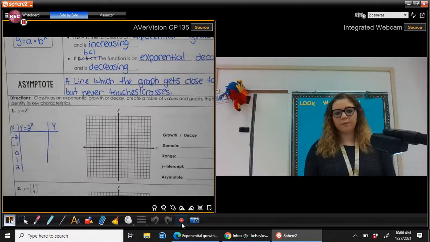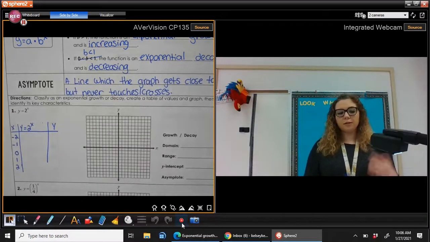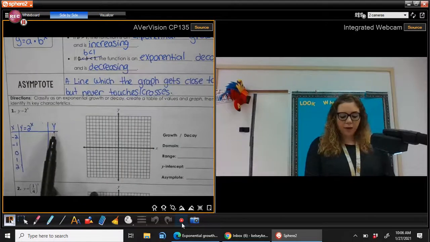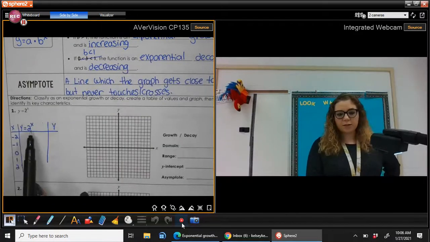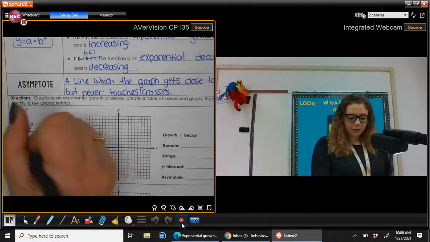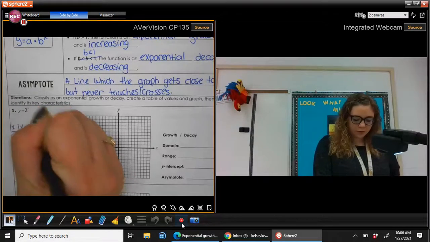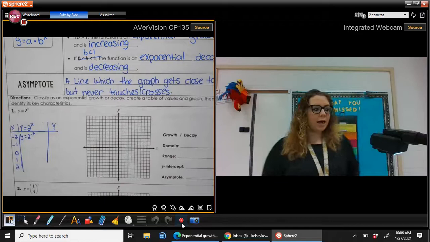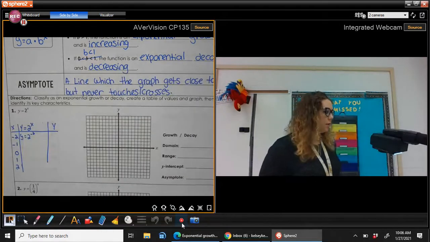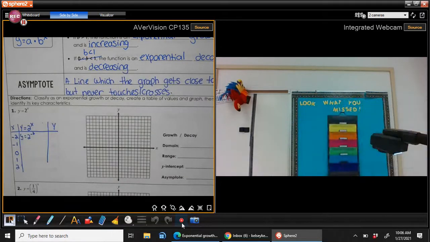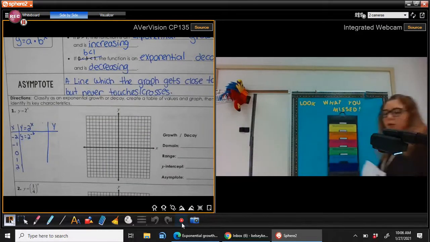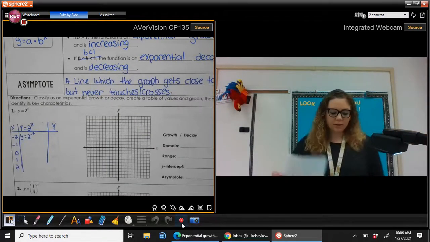Always. Now, to find your y value, you're going to plug your x values into this equation. So I'm going to have y equals 2 to the negative 2. I'm going to get another sheet of paper, because when you do these problems, you have to remember your rules for exponents.